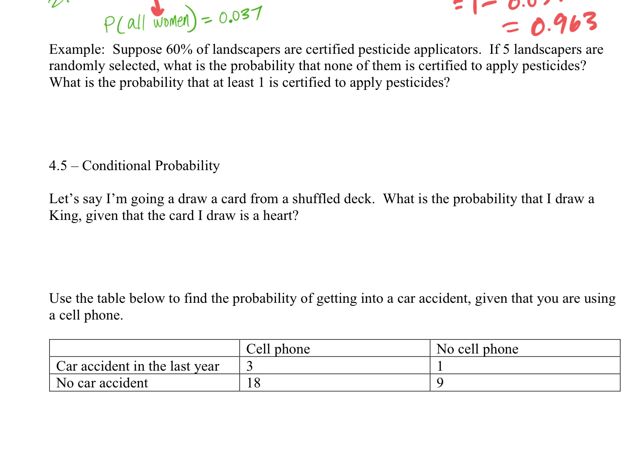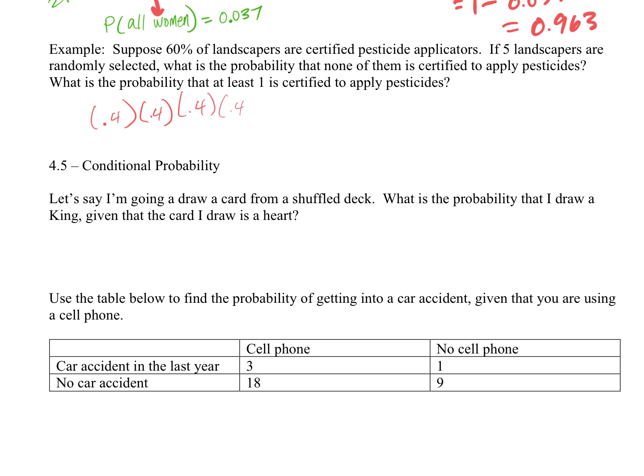What would you say? Let's see, in order for that to happen, the first person would not be able to apply pesticides. What's the probability the first guy I select can't apply the pesticides? 0.4? Yeah? Is everybody good? What about the next person? Also 0.4?